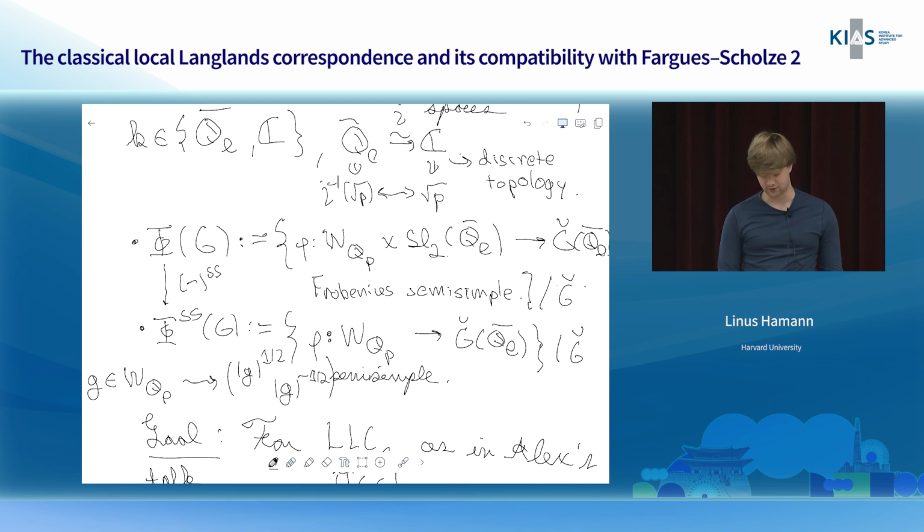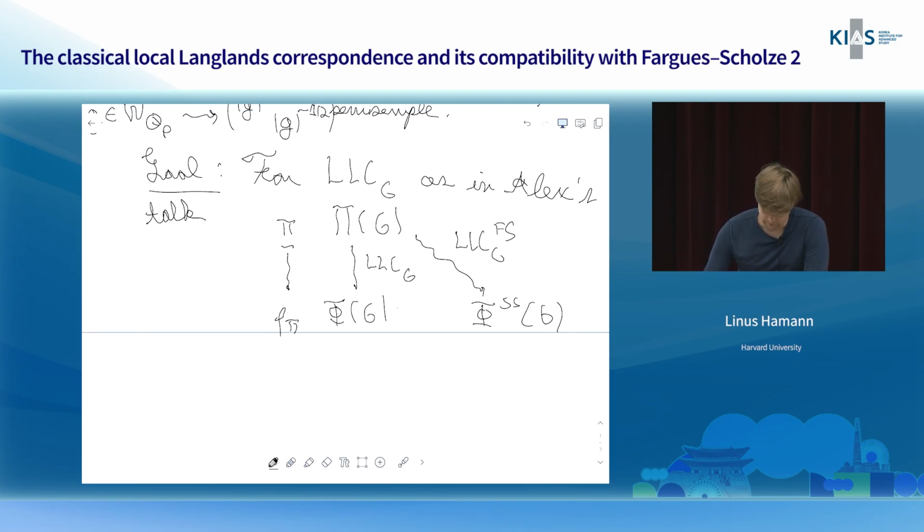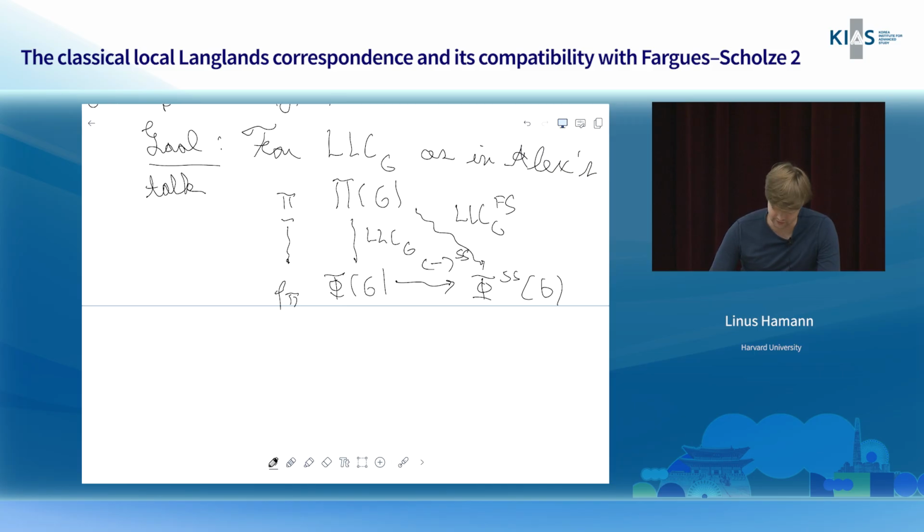So you just precompose with the natural map sending W of Q_p to G hat and then this determinant 1 matrix. So in particular, we have this map over here, ss. Well, we want to show that this diagram commutes.